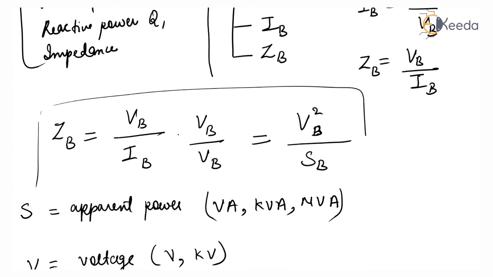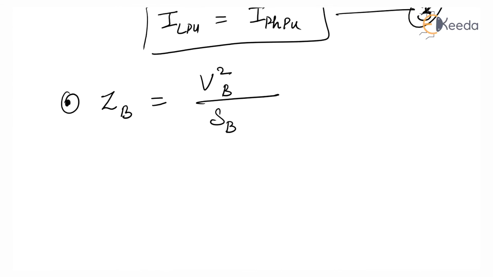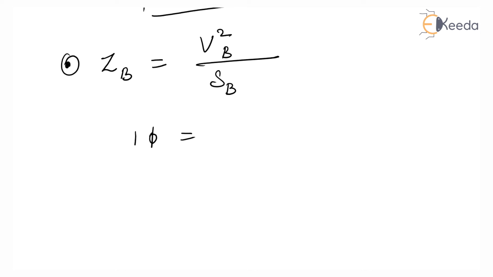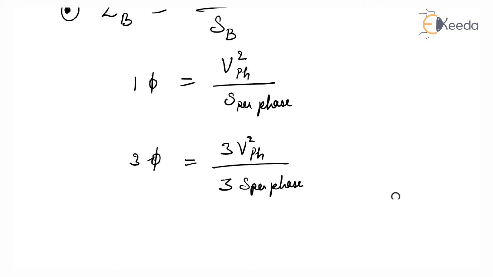So for single phase, this is equal to V square phase upon S per phase, and for three phase this is equal to 3 into V square phase upon 3 S per phase, or we can write it as root 3 phase voltage whole square upon S for 3 phase.